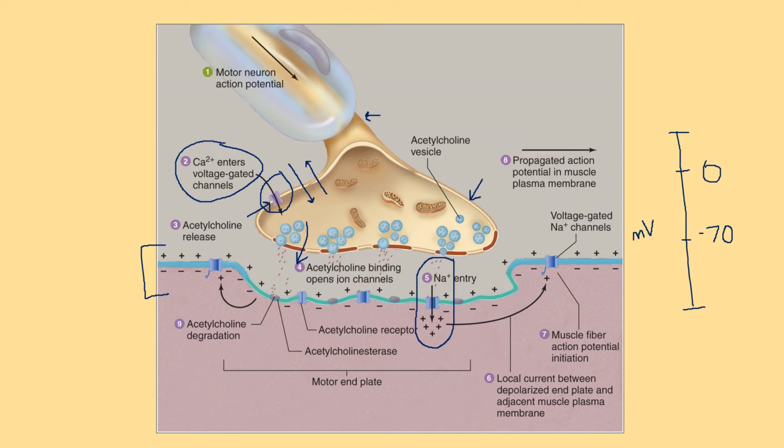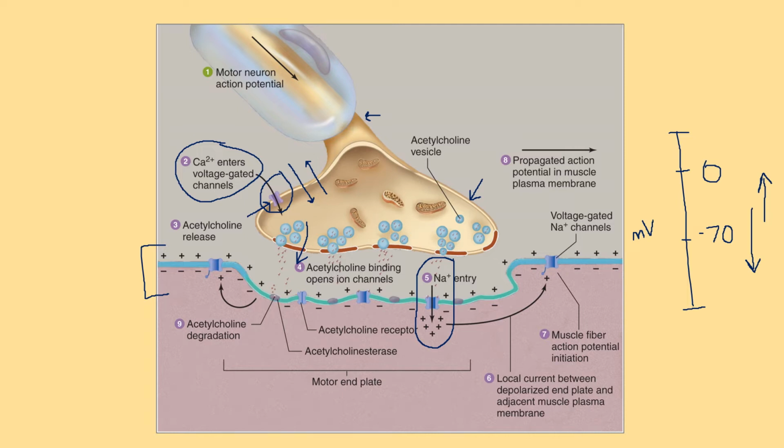When sodium flows into the muscle cell, what happens to membrane potential? Does membrane potential get more negative? Does the inside of the cell become more negative? Or does membrane potential become less negative? The inside of the membrane becomes less negative and more positive. Do you have an answer?